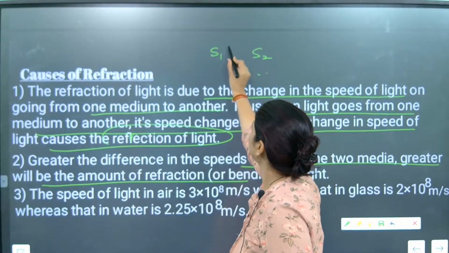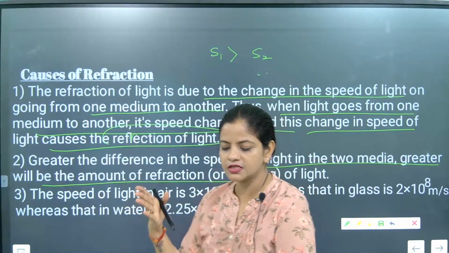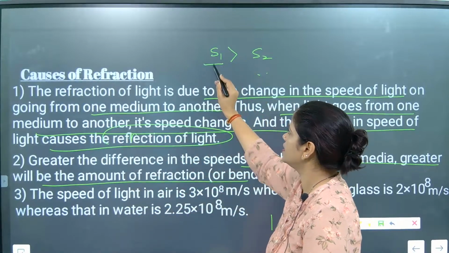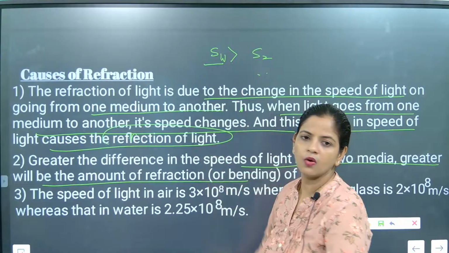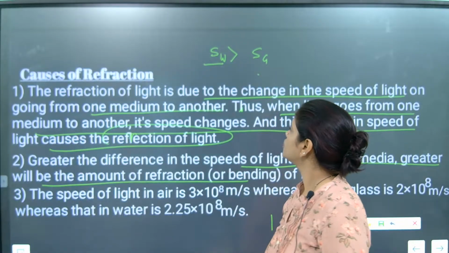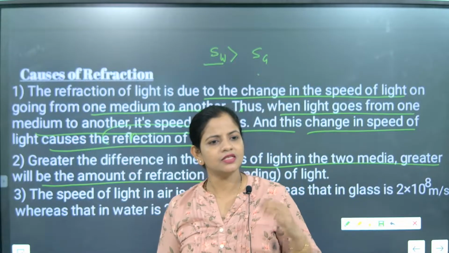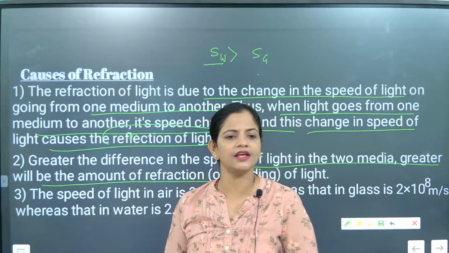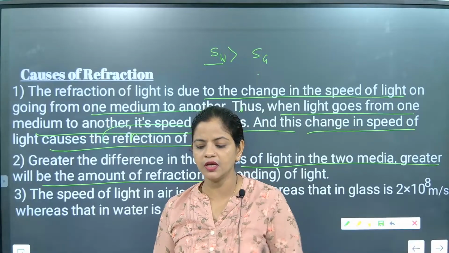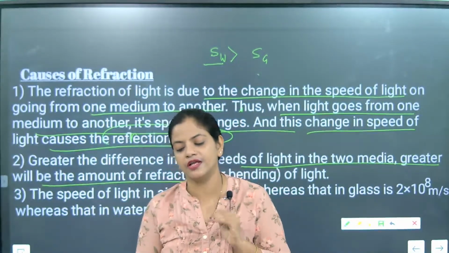So here, when the light rays are entering water, and this is light rays entering glass, we came to know that the speed of light in water is more than the speed of light in glass. Let's check what exactly this inequality is teaching us.